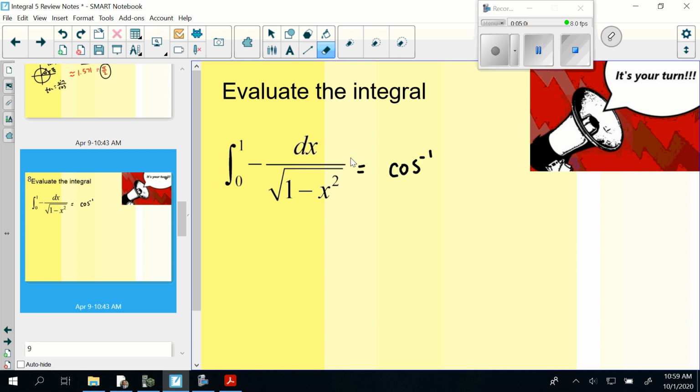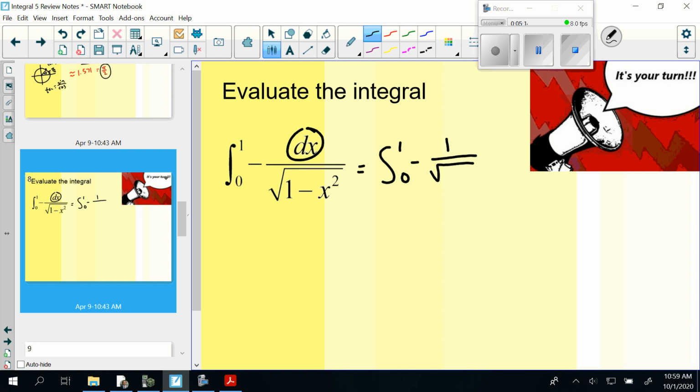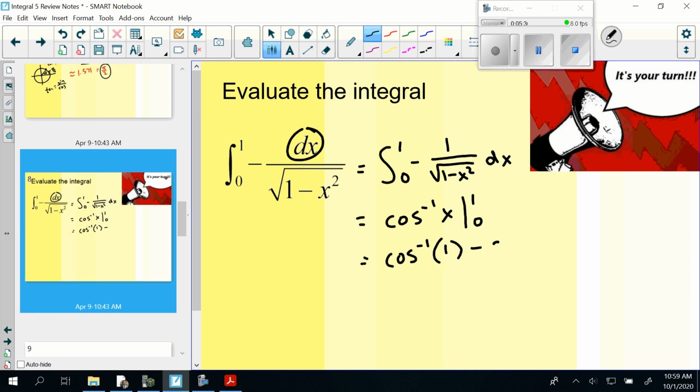One other thing with this one, if you were thrown off by this, remember we can always move that down, so then you can see a little better that it is that inverse cosine one. If they put the dx on top, it just means there's a 1 there. So this one, like we said, is inverse cosine evaluated at both 1 and 0. So you have to figure out the inverse cosine of 1 minus the inverse cosine of 0.